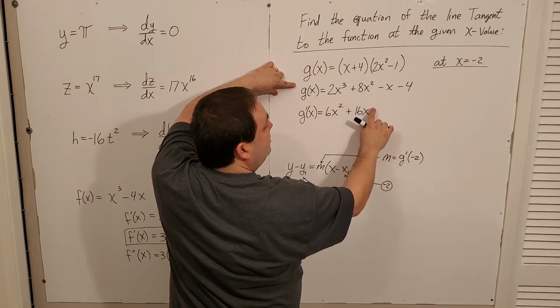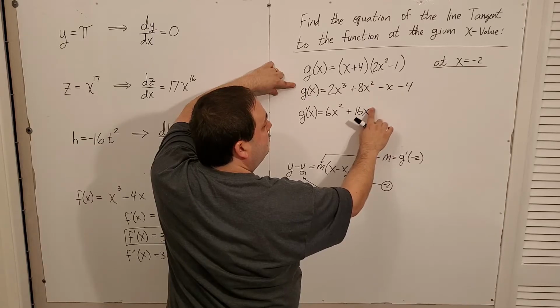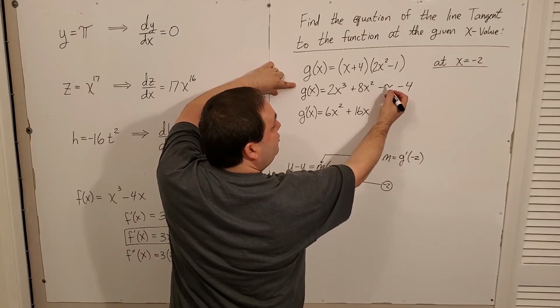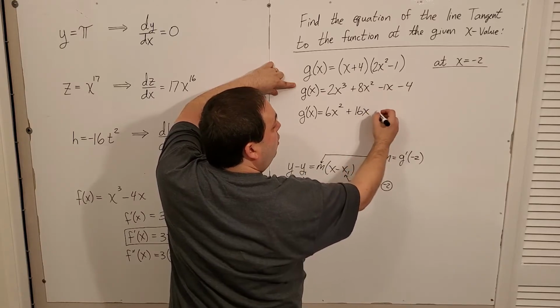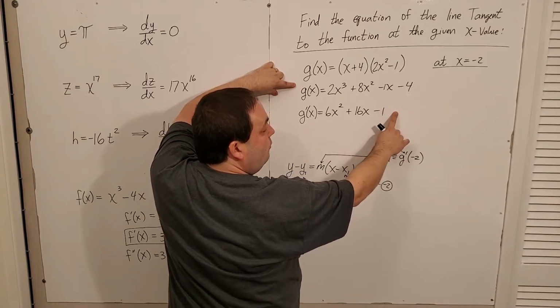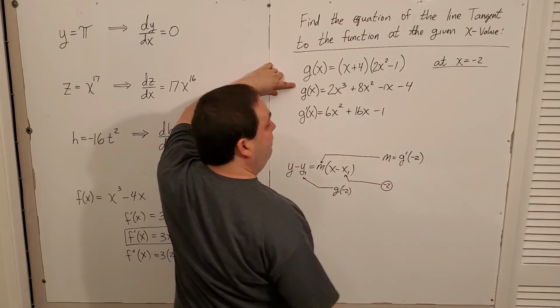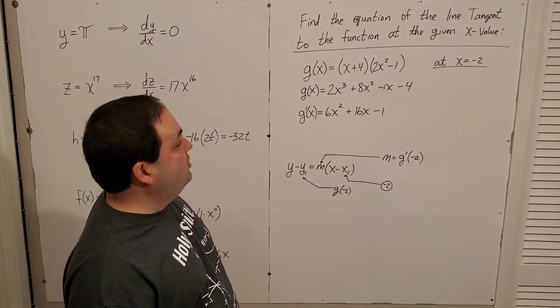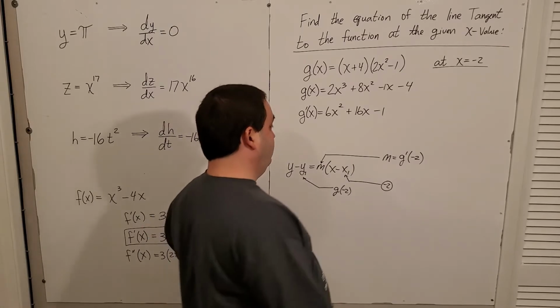And then 2 minus 1 is 1. Derivative of a linear piece is the coefficient, in this case negative 1 minus 1. Derivative of a constant is 0, plus 0 doesn't do anything for me. Okay? So now I just have to do a little bit of plugging.